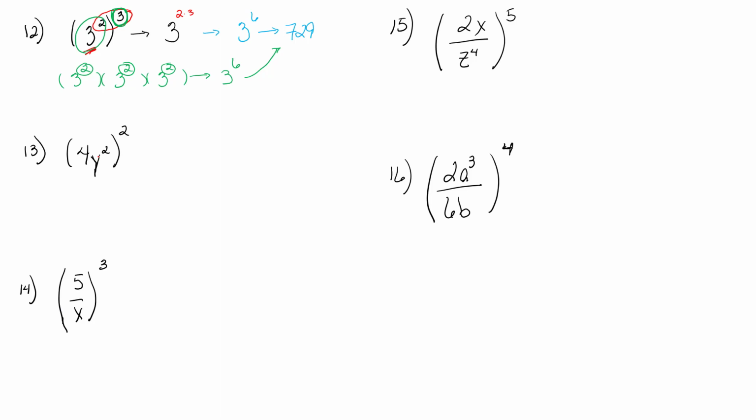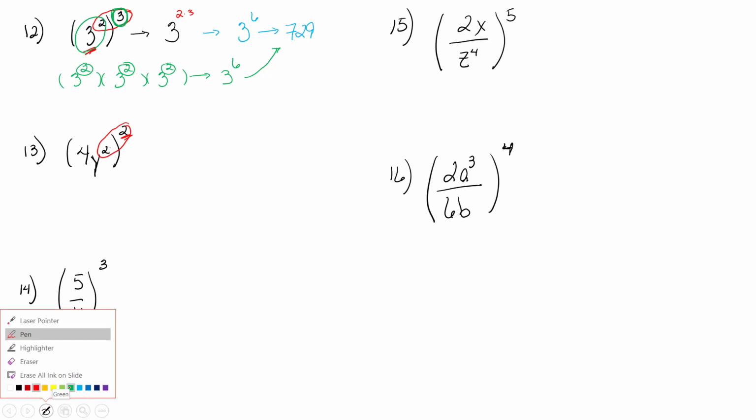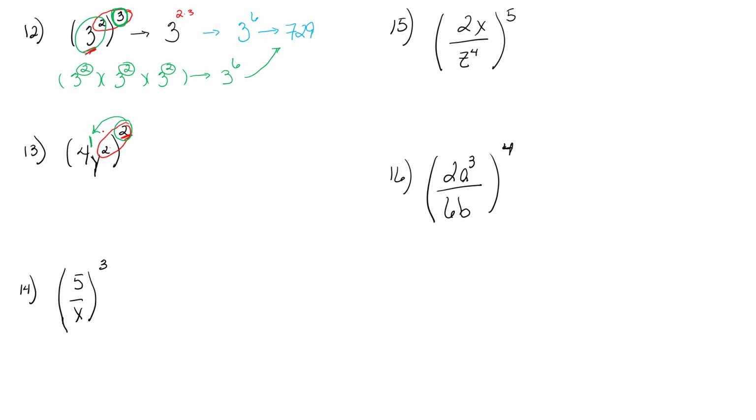Now, same thing on number 13. I've got a number on the outside of these parentheses, which means I get to distribute exponents to exponents because that's how it works. And you're like, well, the 4 doesn't have an exponent, so it doesn't get distributed. Not quite. The 4 does have an exponent. That exponent is a 1, which means this 2 on the outside gets to be distributed to that power of 1, which means I'm going to have two bases.